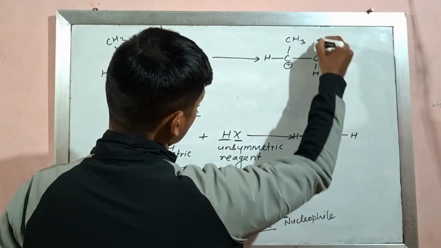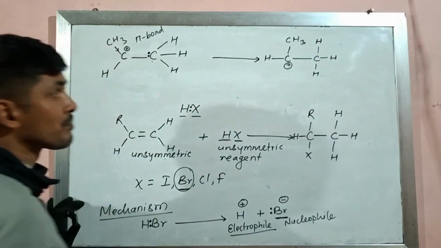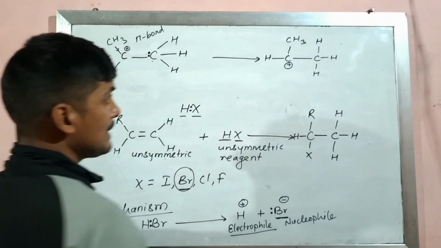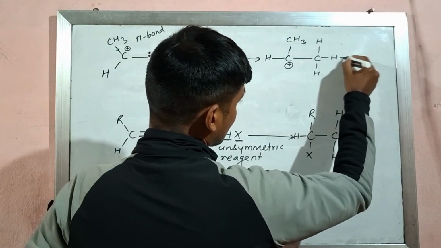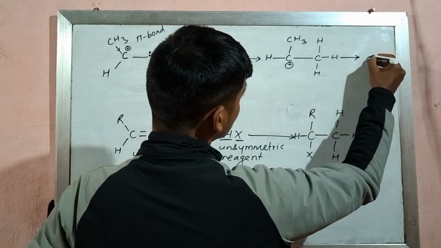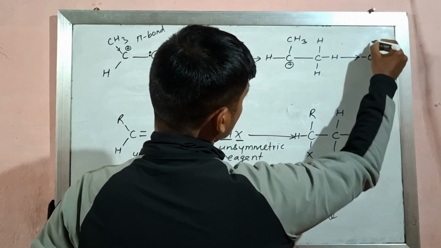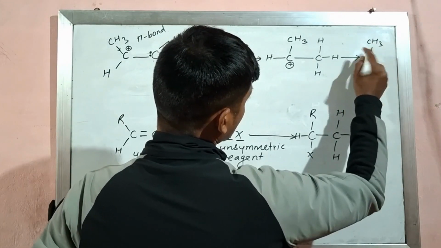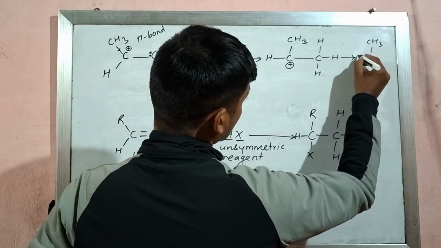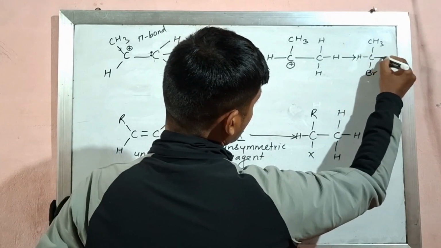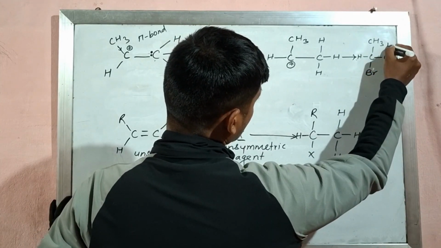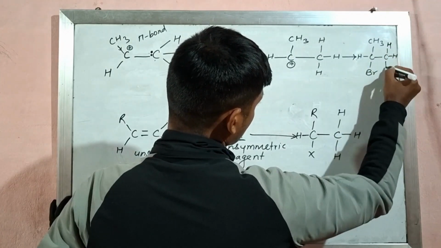After the addition of hydrogen, it will change like this, and then the bromine will attack this carbon and it will change into this structure.